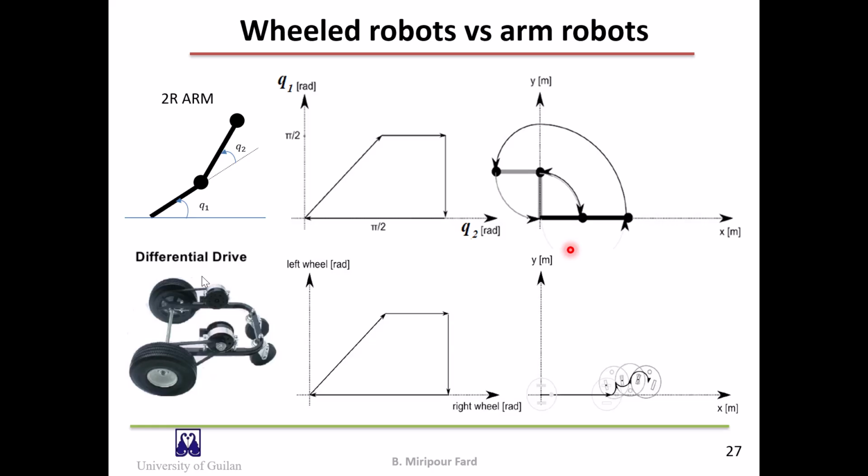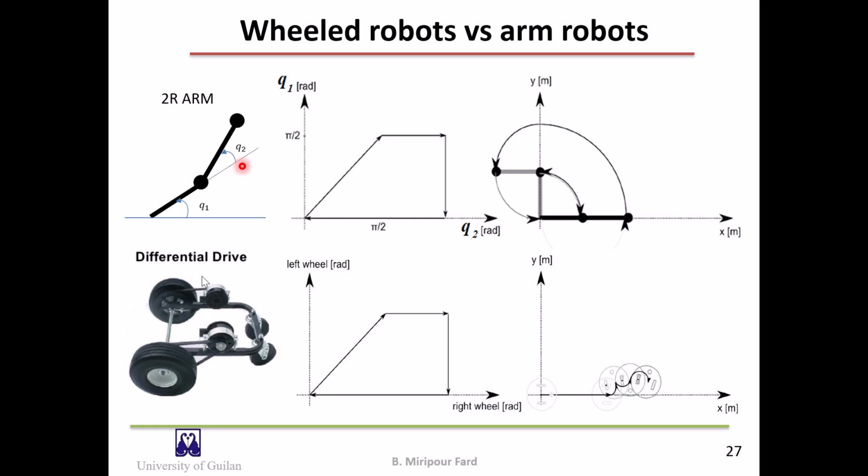Here you see a planar 2R robot and a differential drive robot, or diff drive robot. In the arm robot, Q1 and Q2 represent joint variables, and the pair Q1, Q2 represents the configuration space of the robot.